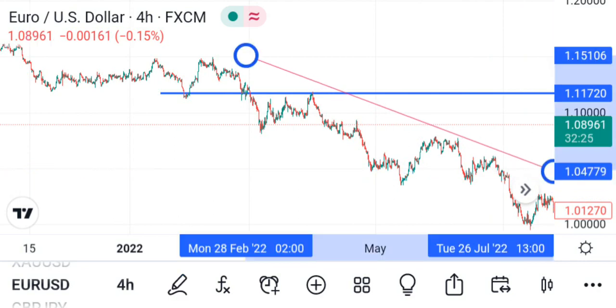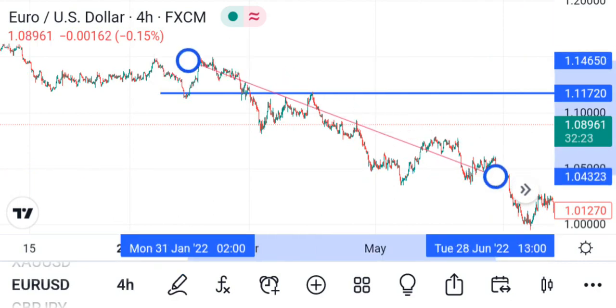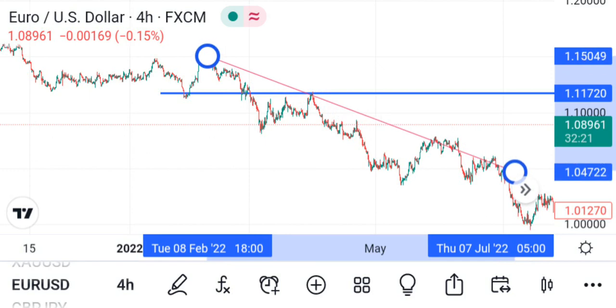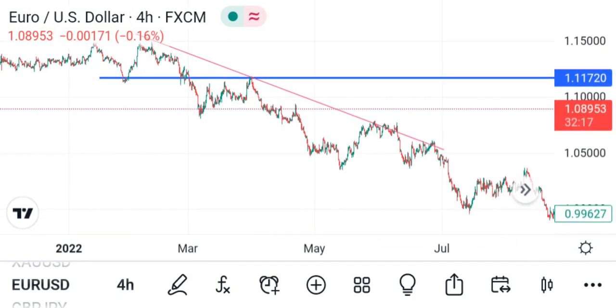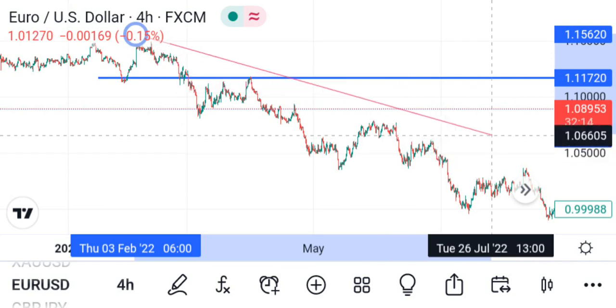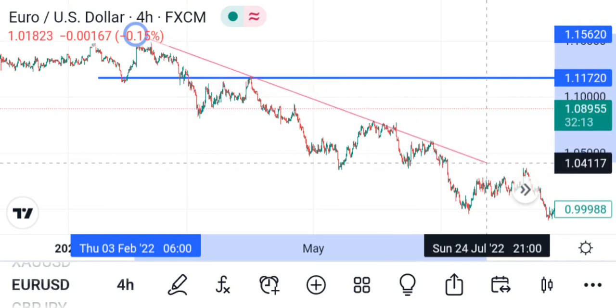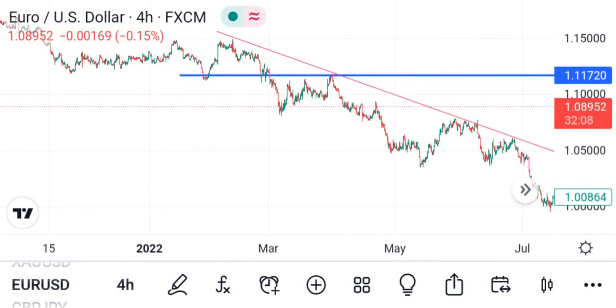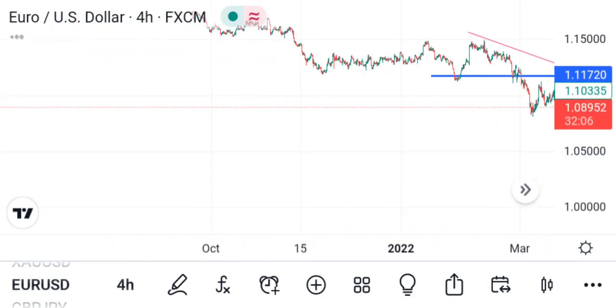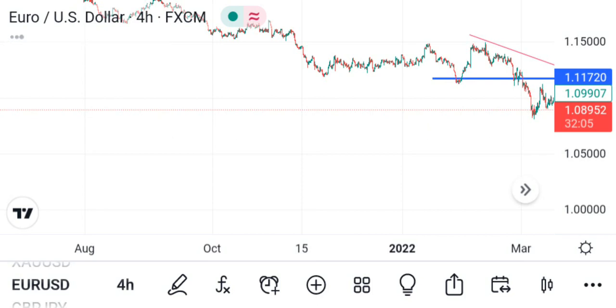As you can see, the market is bearish. I always tell folks, please try to always identify the major swing points. The major swing points tell you what the market is doing. If you take this market previously, you see it's on a bearish trend.